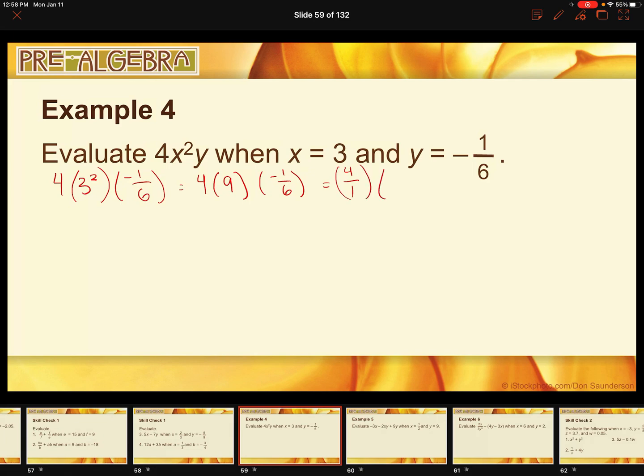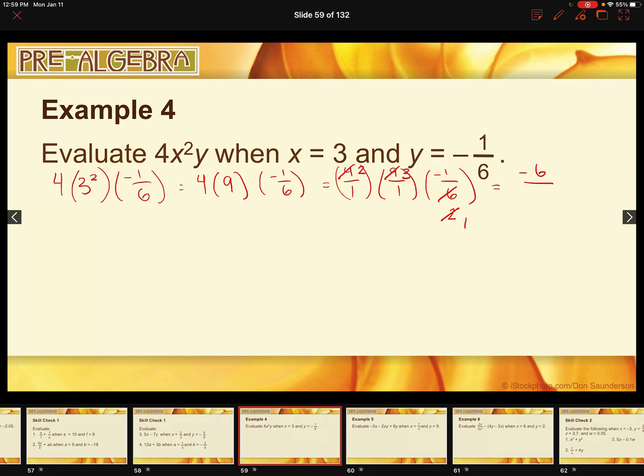Now I'm going to change them all to fractions so I can multiply across easier. Okay, and I can cross cancel. I can take a 3 out of here and a 3 out of here. You may notice you can cross cancel again. I can take a 2 out of here and a 2 out of here.